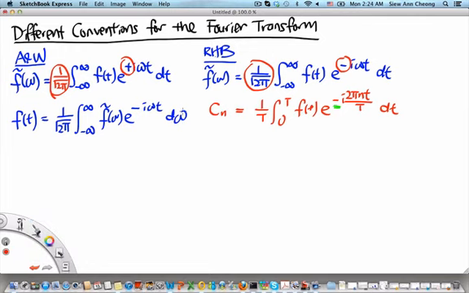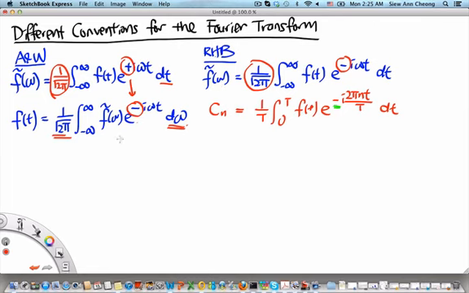Now obviously we have to change the integral from an integral over time to an integral over frequency, but we also need to change the plus sign in the complex exponential to a minus sign in order to perform the inverse Fourier transform. But otherwise the normalization constant remains the same, 1 over square root 2 pi.